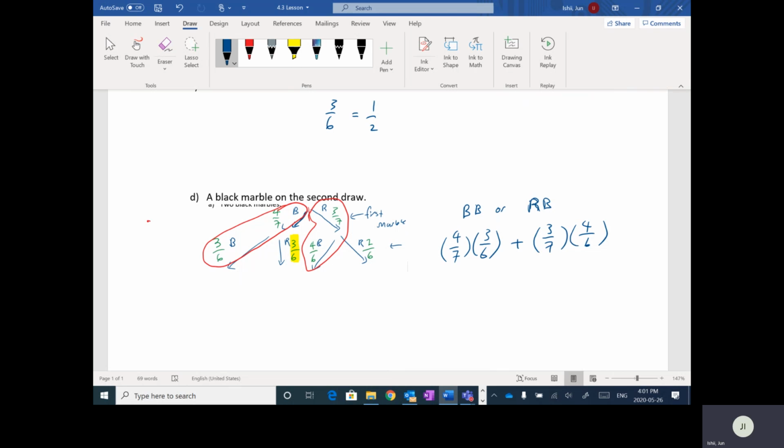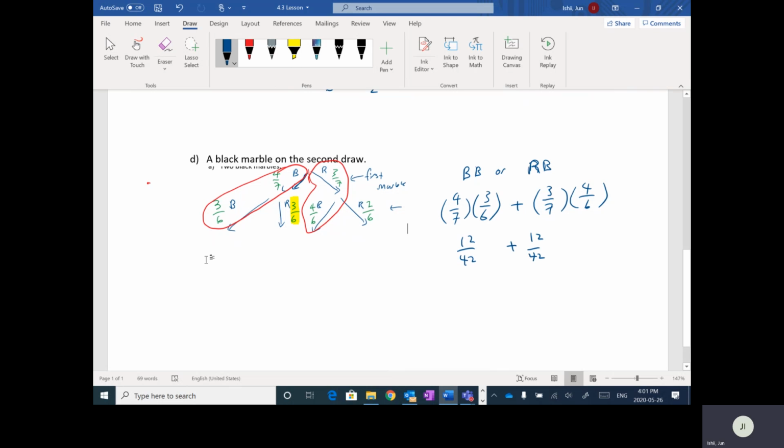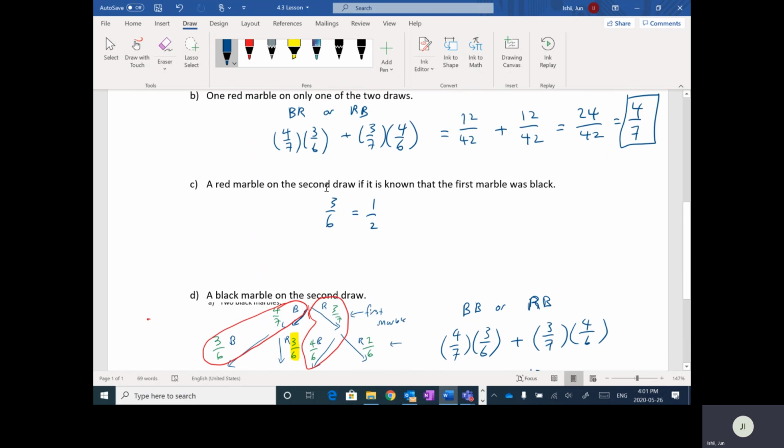So this is 12 out of 42 plus 12 out of 42, which is the exact same number as the second part, 24 out of 42. That reduces to 4 out of 7. So, black marble on the second draw.